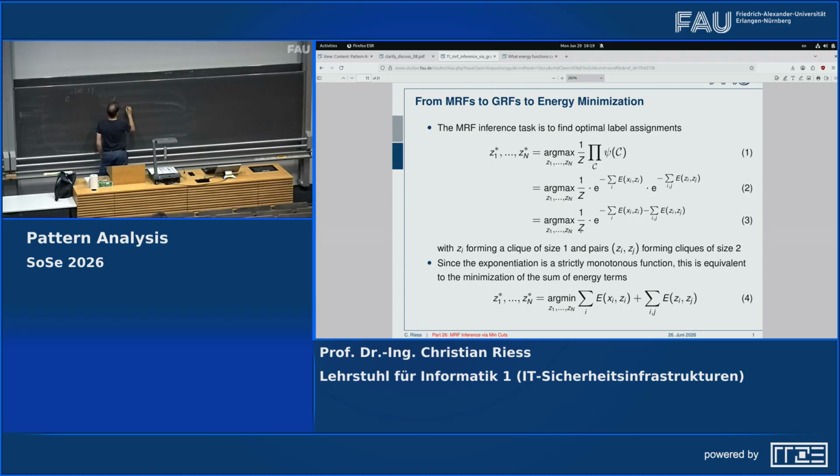So we have this expression here: the line above, we have e raised to the power of minus the sum of all these energy terms, times 1 divided by the partition function.